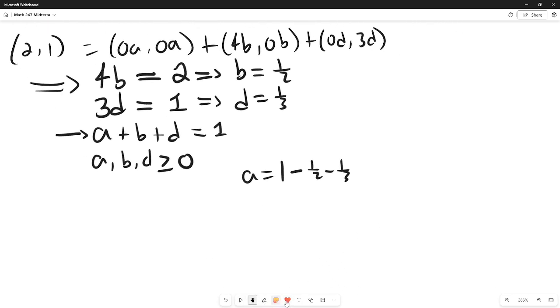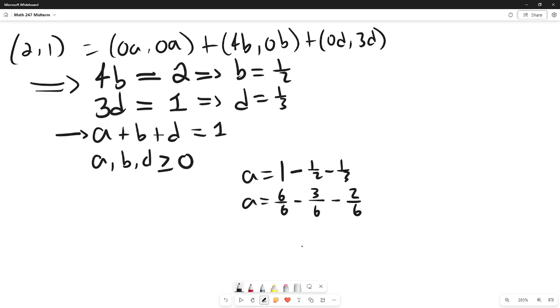And with this, we can use 6 as a common denominator. So we're going to get 6 over 6 minus 3 over 6 minus 2 over 6.